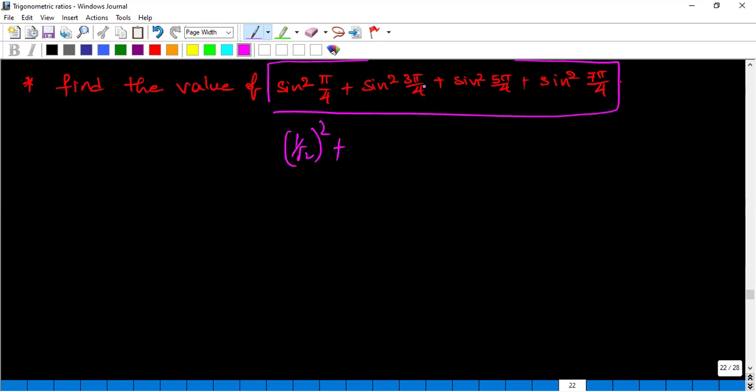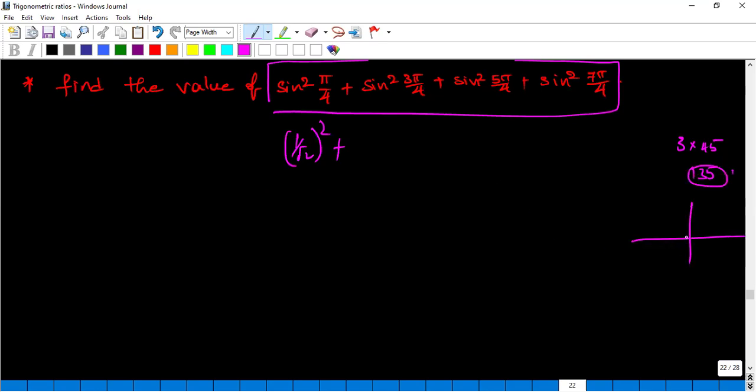Pi by 4 means 45, but 3 pi by 4 means what? Yes, same thing. Just see, 3 pi by 4 means 3 into 45, 135. Sine 135 means where it will come?